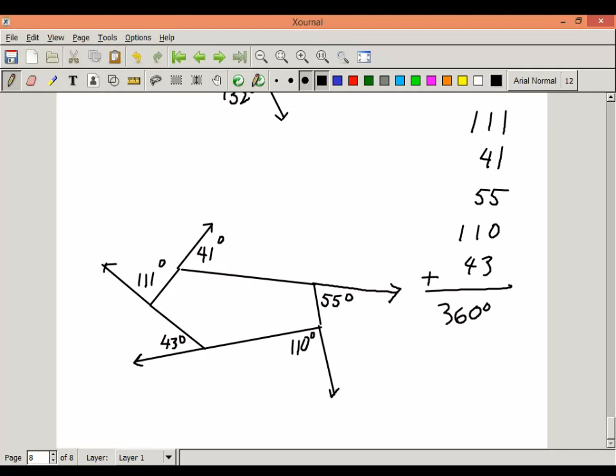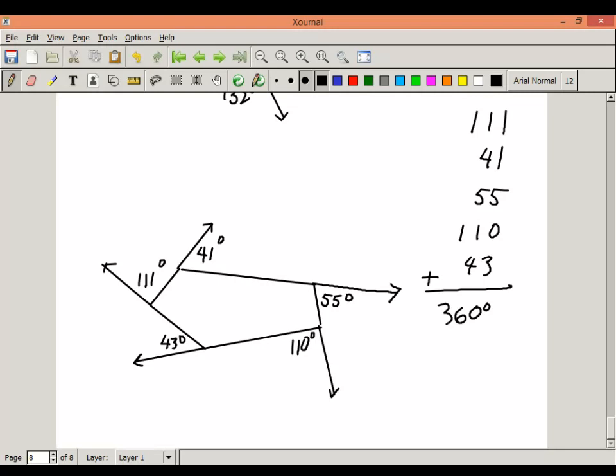We had names of the polygons based on how many sides they have. So 3 sides is a triangle, 4 sides is a quadrilateral, 5 sides is a pentagon, 6 sides is a hexagon, 7 sides is a heptagon, 8 sides is an octagon, 9 sides is a nonagon, 10 sides is a decagon, 12 sides is a dodecagon. Anything greater than 12 sides is called an n-gon.